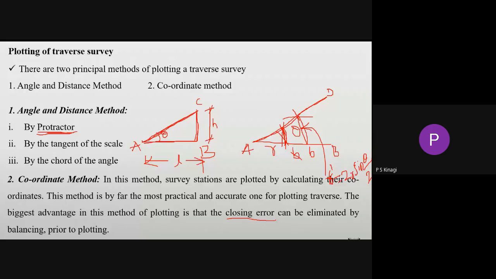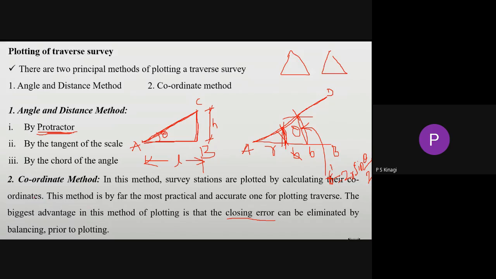So the main advantage of this coordinate method is that you can handle any error in our field data. Suppose you have taken one triangle, and you have collected the bearings and distances. While plotting this triangle, the starting point and the end point will not meet at one point due to error in the data collected in the field.